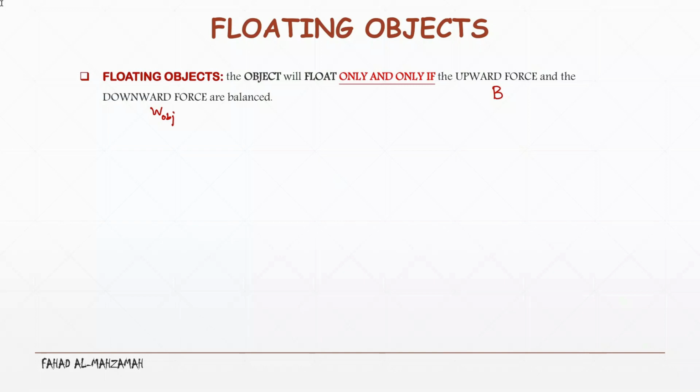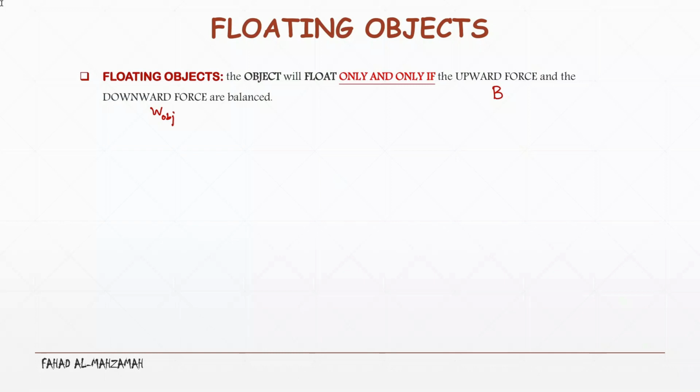And it's obvious: if the downward force is greater than the buoyancy, the object will go down because there is no balance. The weight of the object is the dominant force, so it will go down. However, it will float if the weight of the object is equal to the buoyant force.